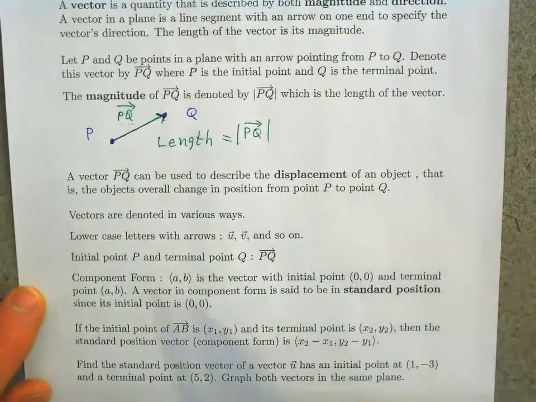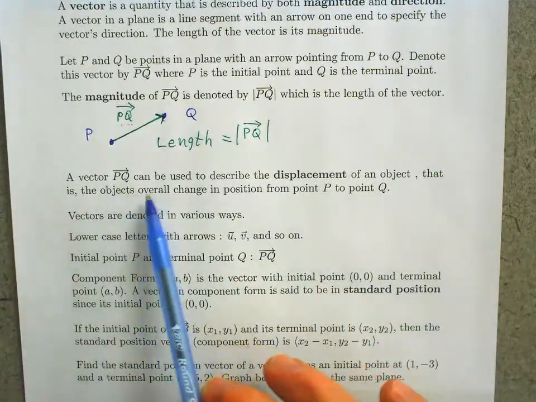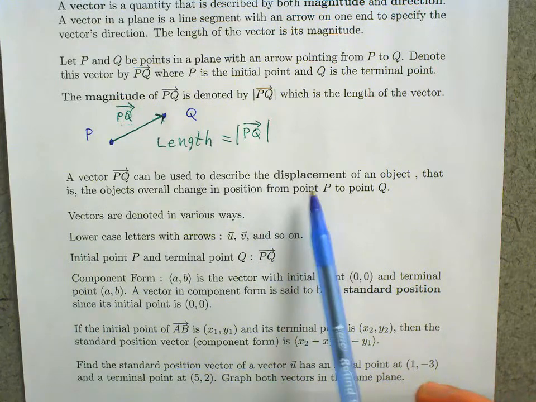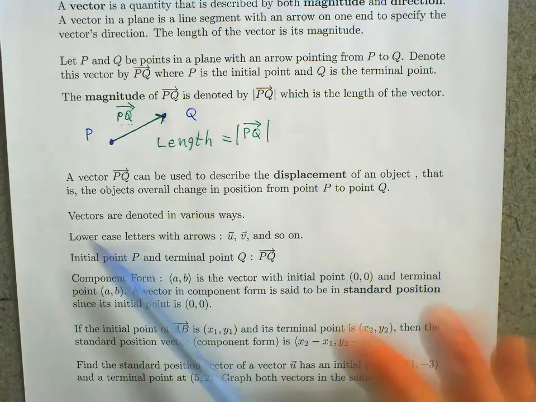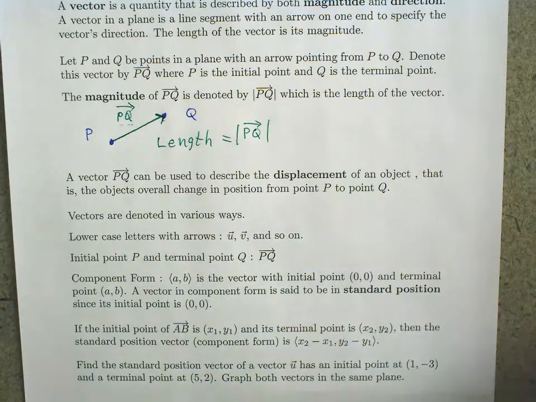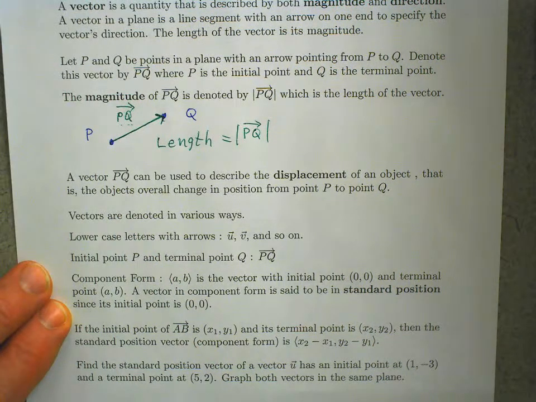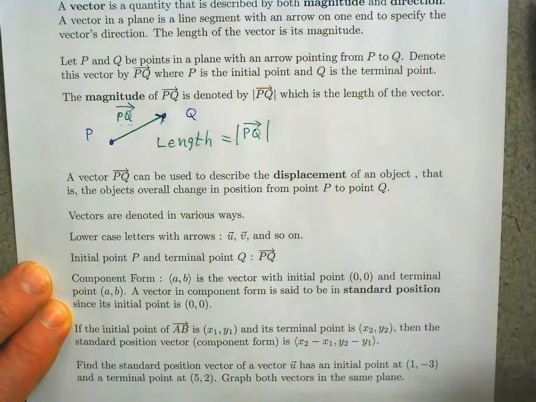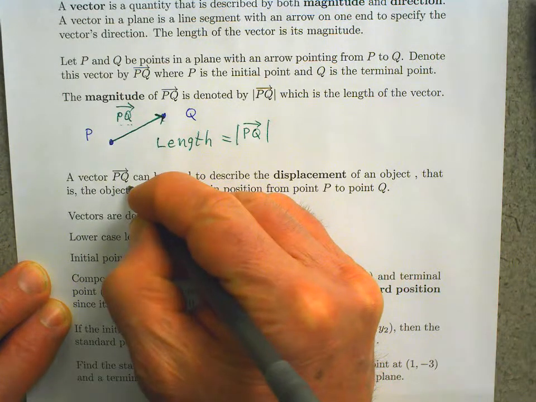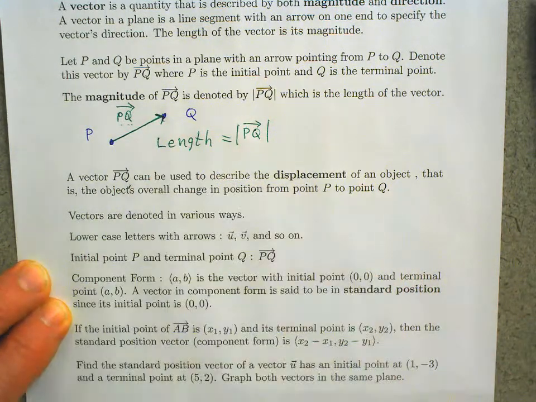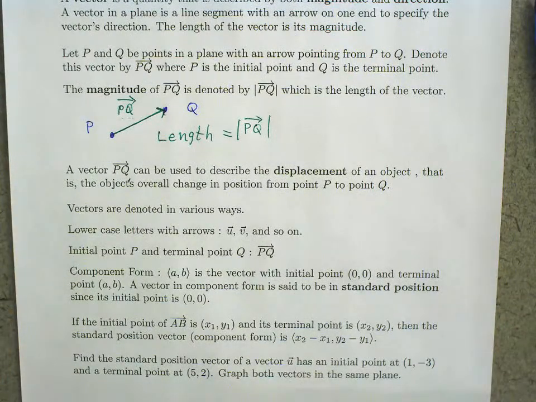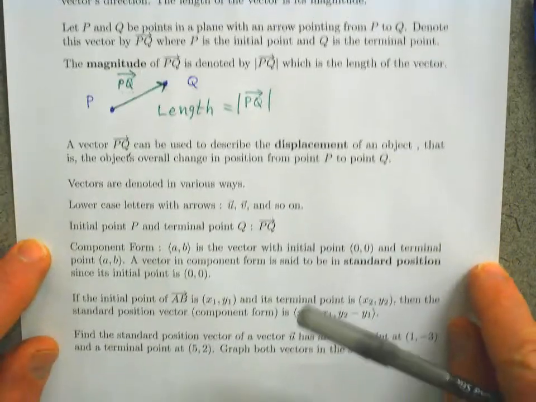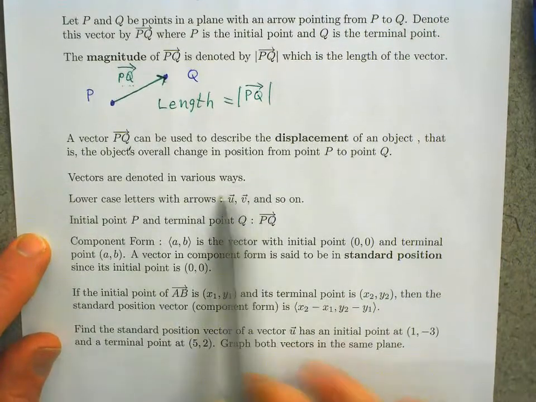Okay, so a vector PQ can be used to describe the displacement of an object. That is, the object's overall change in position from point P to Q. Vectors are denoted in various ways.